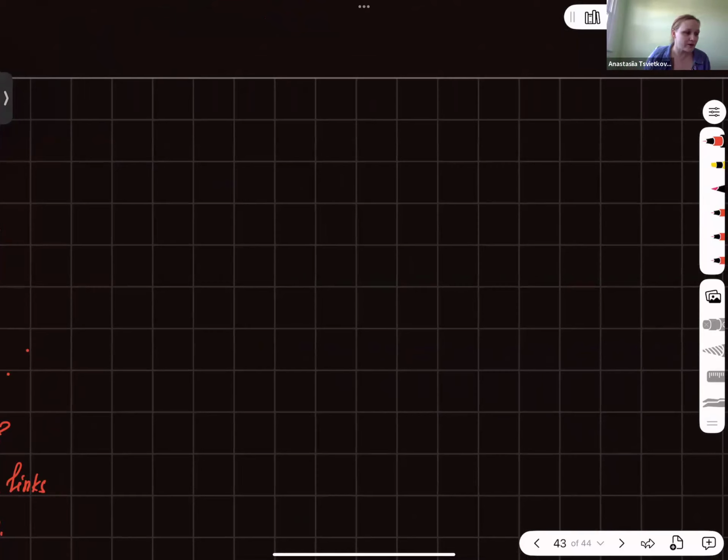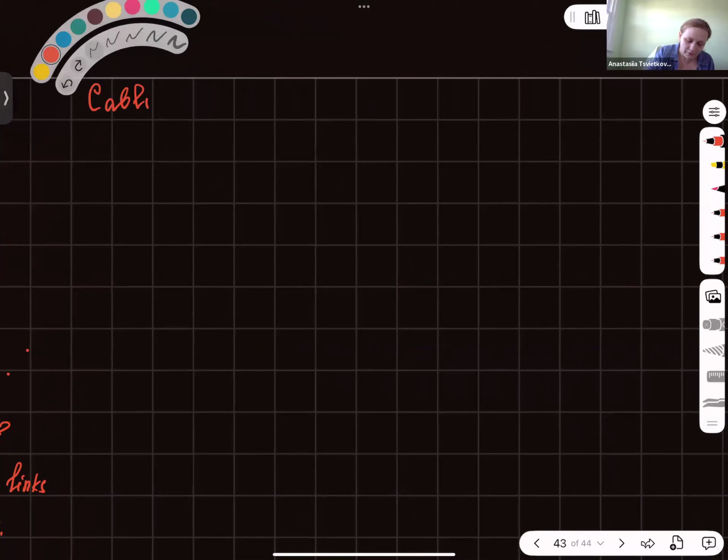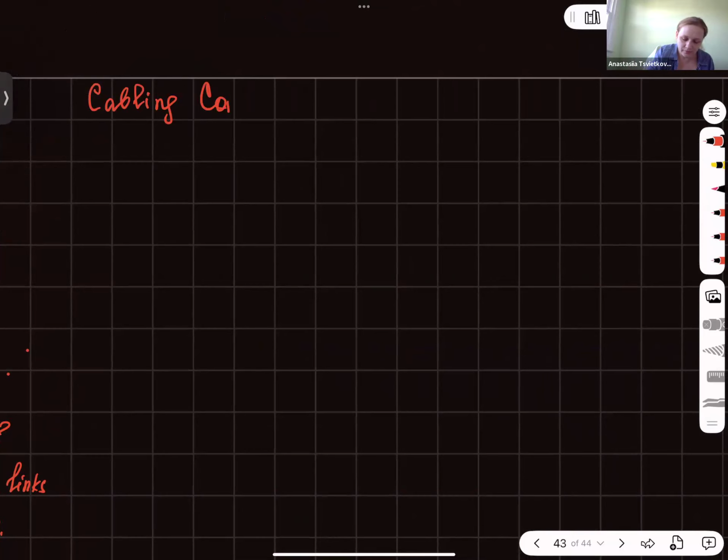also going kind of back in time, the cabling conjecture for alternating knots was proved in '92 by, so the cabling conjecture for alternating knots also was proved using standard position for surfaces with boundary, and this was Menasco and Tsvietkova.